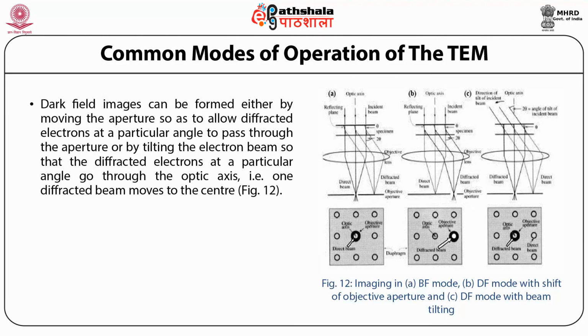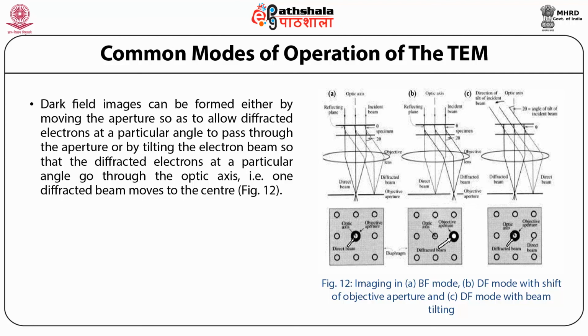Dark field images can be formed either by moving the aperture so as to allow diffracted electrons at a particular angle to pass through the aperture, or by tilting the electron beam so that the diffracted electrons at a particular angle go through the optic axis, that is, one diffracted beam moves to the center, as is shown in figure 12.